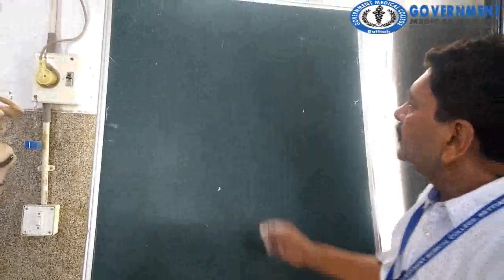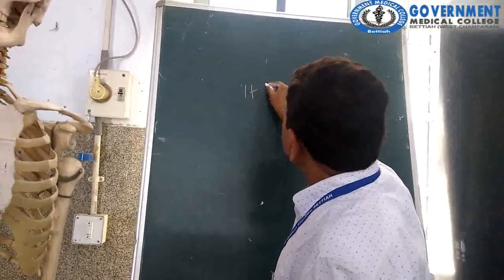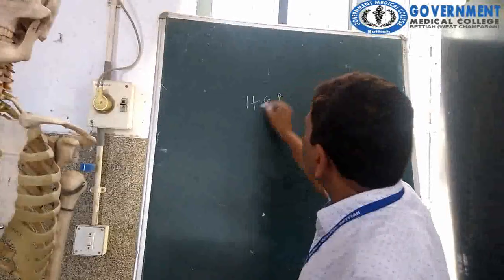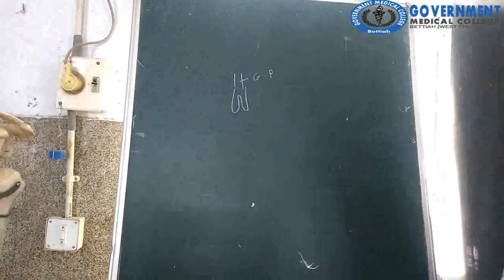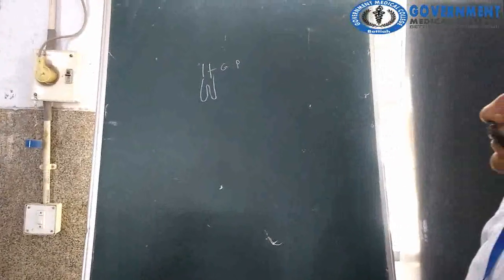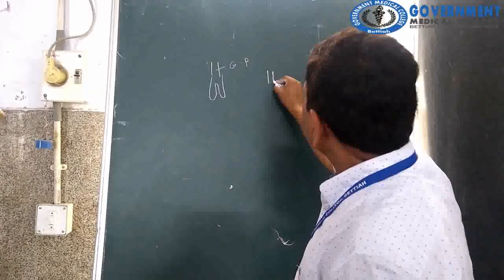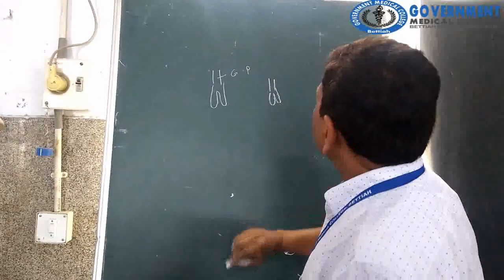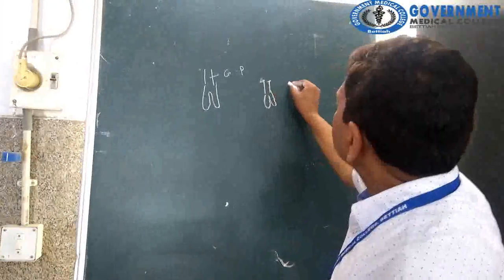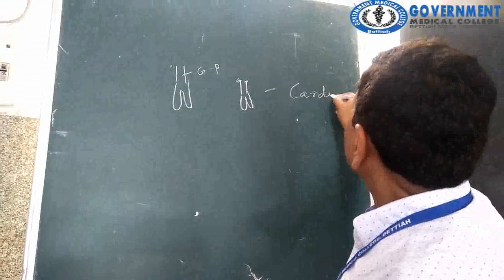As you know, the gastric glands open into the gastric pit. This is the gastric pit and this is the gastric gland. If in the histological picture there is a small gastric pit and a small glandular part, then this is the feature of the cardiac part of the stomach.